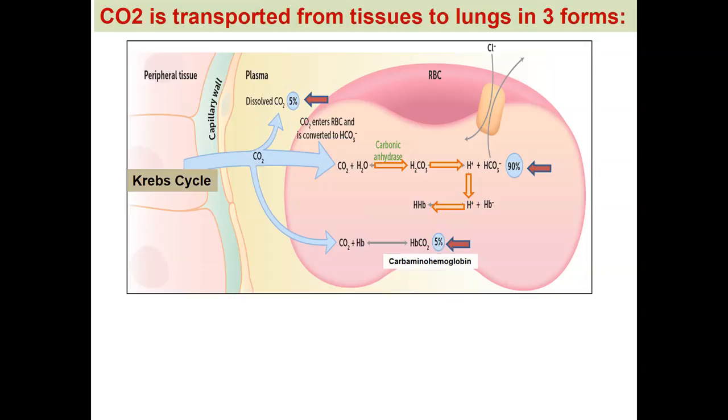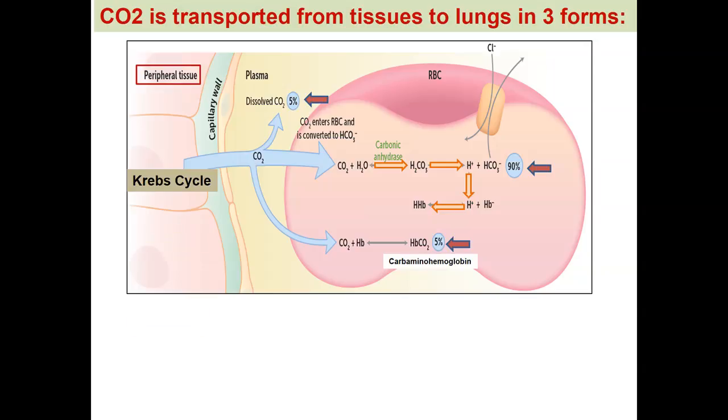Now, it generates a proton, and then this bicarbonate can be exchanged out and transported all the way to your lung. But as you see, some of the CO2 can bind directly to the hemoglobin and get transported all the way to your lung. But also the proton can be bound to the hemoglobin, and then all those get transferred all the way to your lung. Okay? So in this direction, this is in your tissue.